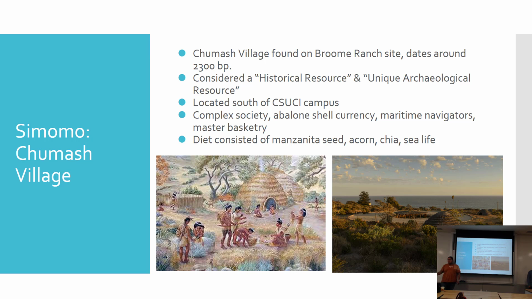I sat by him, sparked up a conversation, and asked him if he knew of any historical stories or landmarks, and that's one of the things he showed and explained to me. It's on what is the present day Broom Ranch. Simomo, the village, was estimated to be here around 2,300 years ago. For those who aren't familiar, Broom Ranch is southwest of here, in this direction.